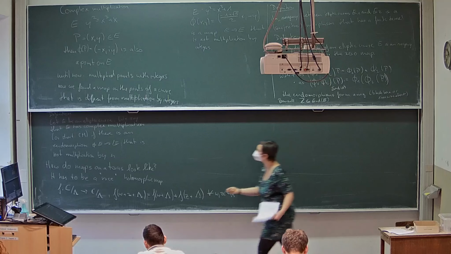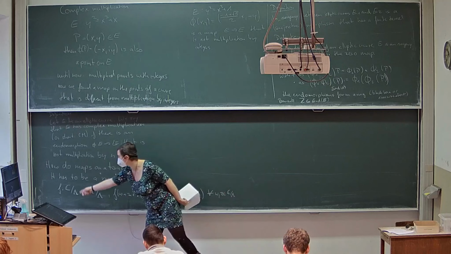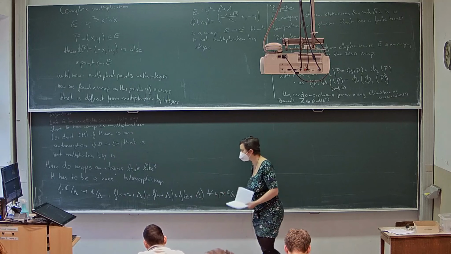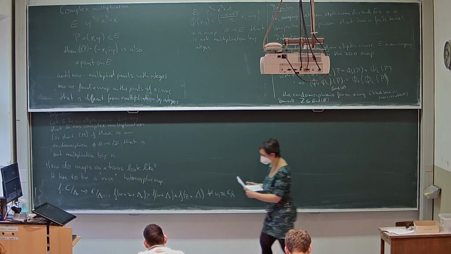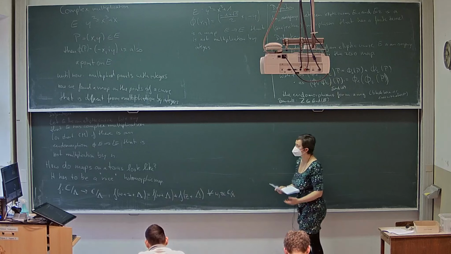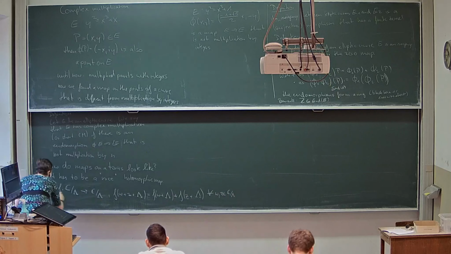So it just has to be consistent with the group structure on C modulo lambda, and it has to work out with the modulo part. Everything has to be nice. That's what I meant with nice. And another black box that's more theory now, so let me write black box here.